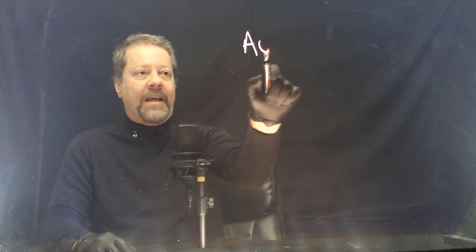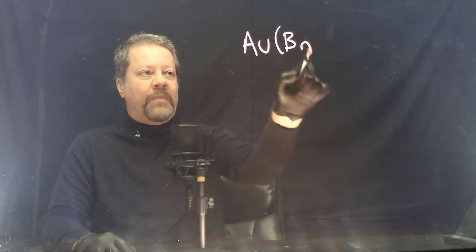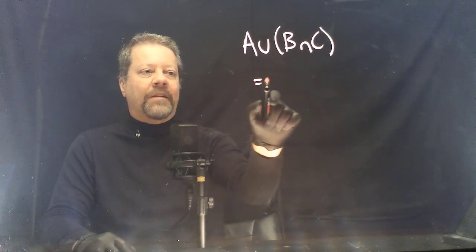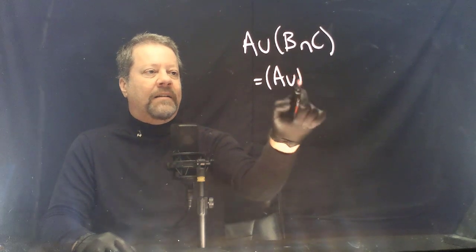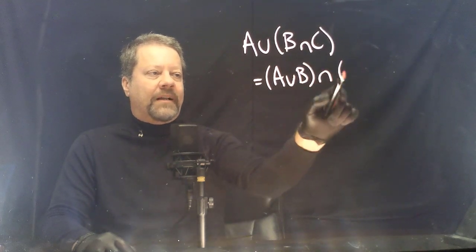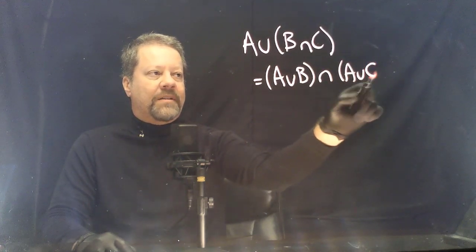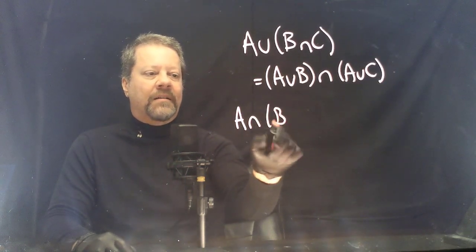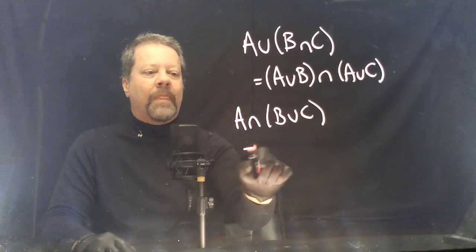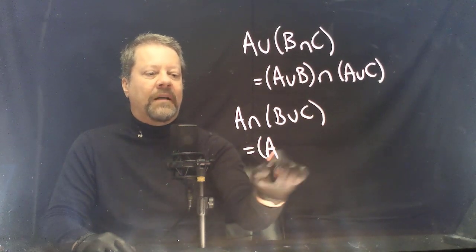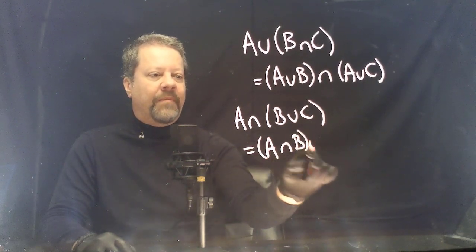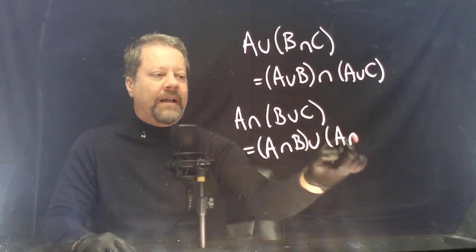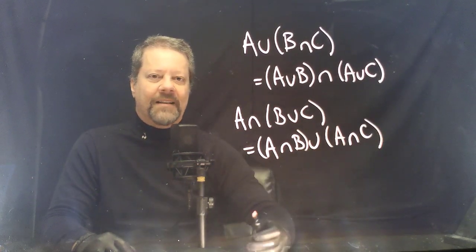If we have A union B intersect C, you'll get the same thing by taking A union B intersect A union C. Similarly, A intersect B union C will be A intersect B union A intersect C, like this.